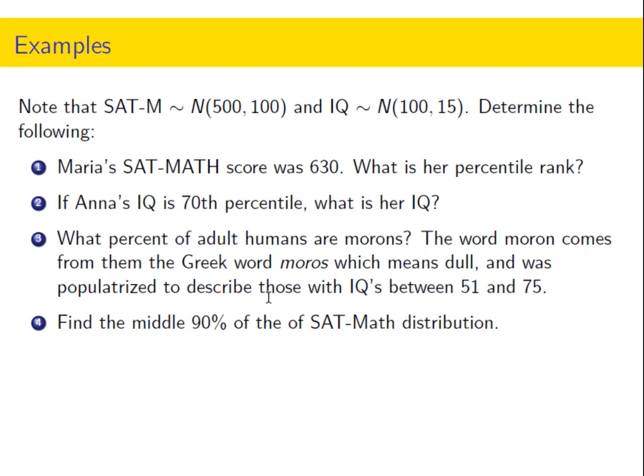To finish this off, let's do a couple. What do we do when we want to find the area between two values? So when they originally, I don't want to get too serious about IQs. People get too upset about intelligence and what it means.